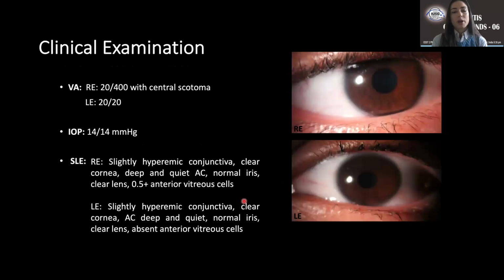His intraocular pressure was 14 millimeters of mercury, and on the slit lamp exam, his right eye showed a slightly hyperemic conjunctiva, no anterior chamber cells, and 0.5 plus anterior vitreous cells. And his left eye was unremarkable other than slightly hyperemic conjunctiva.